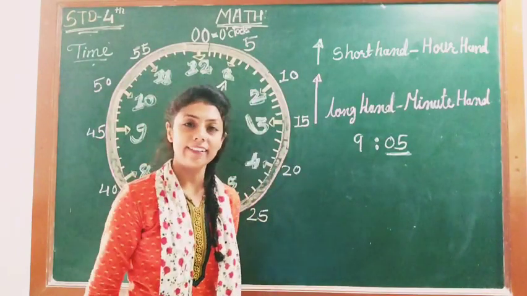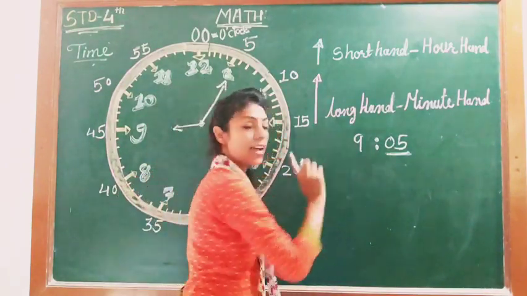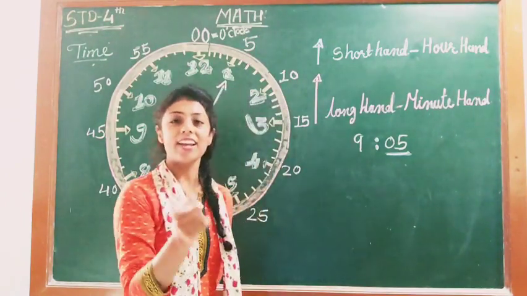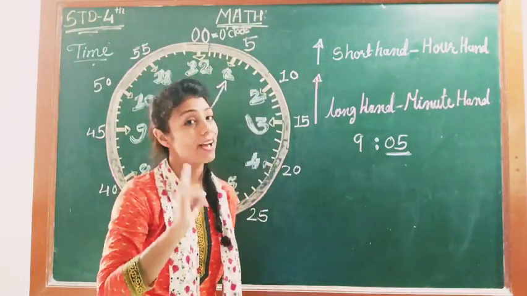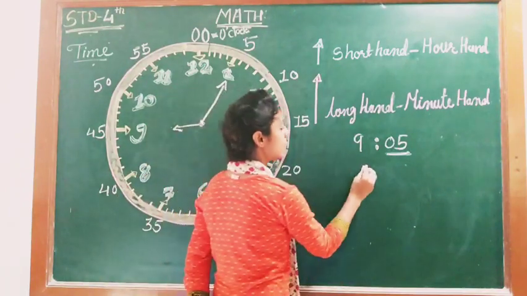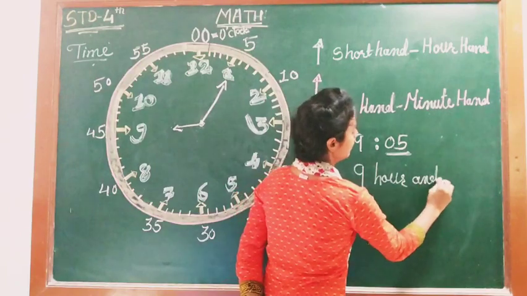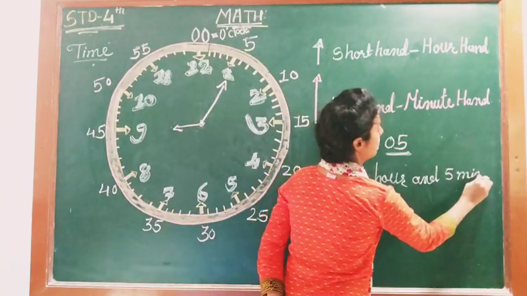So how to read this? 9:05, or 5 past 9. 5 minutes past 9. Otherwise, we can say 9 hours and 5 minutes.